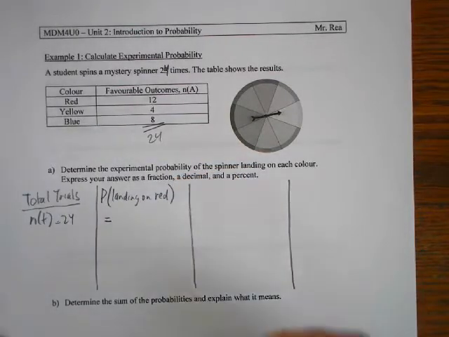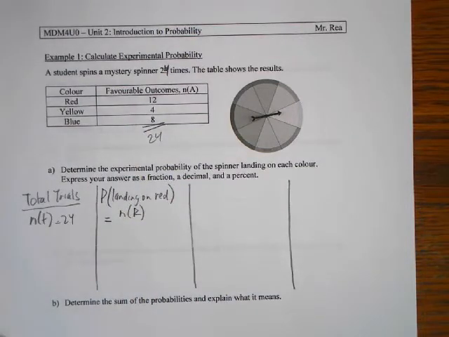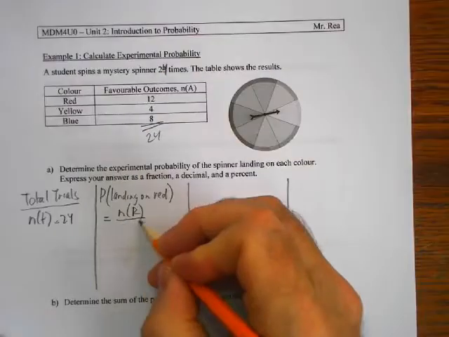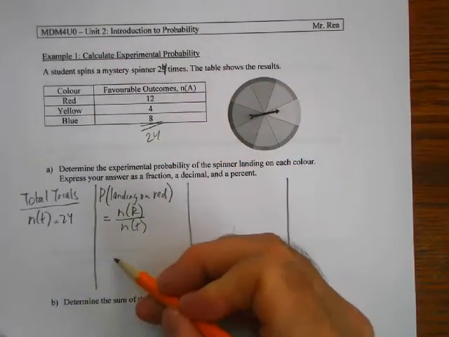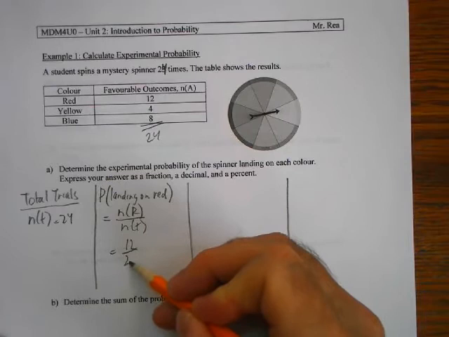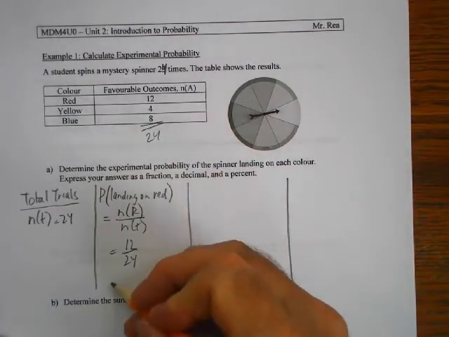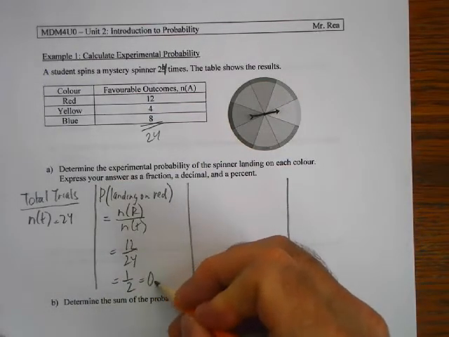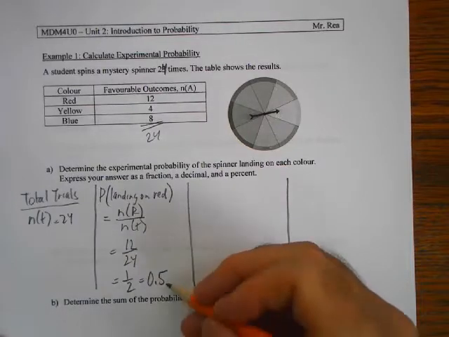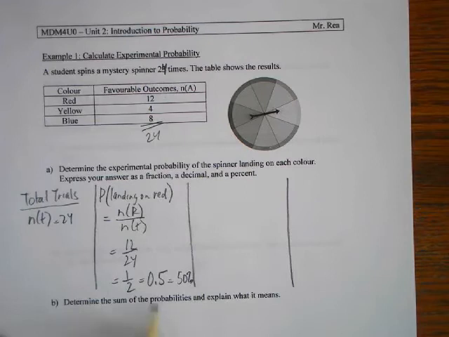This is equal to the number of times our trials landed on red over the total number of trials. In our case, the number of times we landed on red was 12, over 24. And so there's the fraction. I can reduce that to 1/2, or as a decimal 0.5, or as a percentage, 50%. Any one of those three is the probability of landing on red.